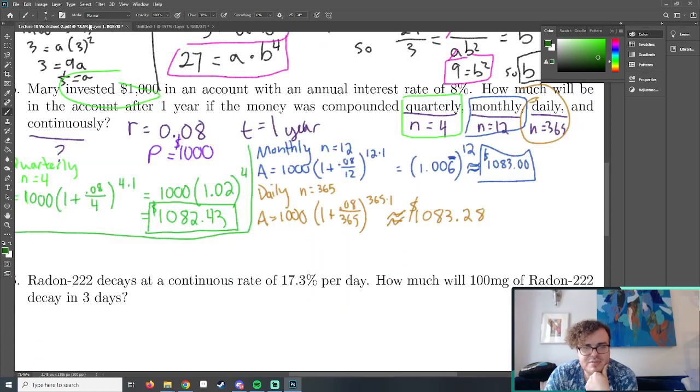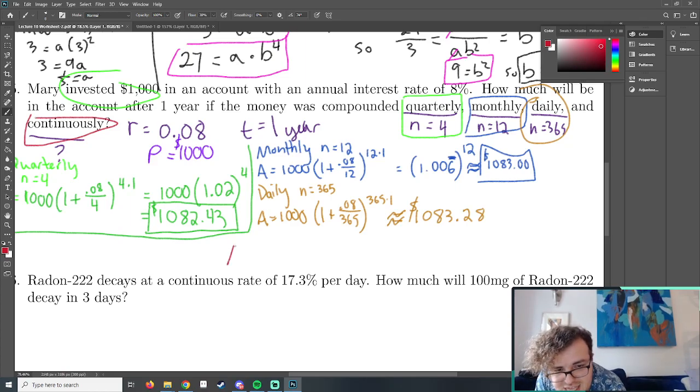So, again, going back to this problem here, they want us to know what happens if it's compounded continuously. And so we're going to use our continuously compounded interest formula, which, as I just said, is A equals 1,000 times E to the 0.08 times 1. That's the rate times the time.